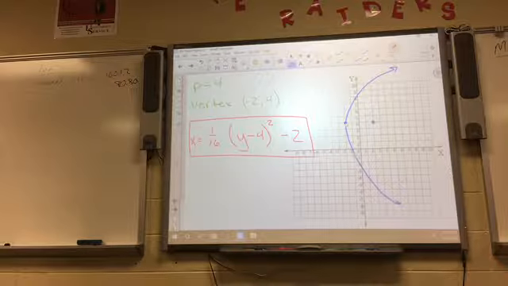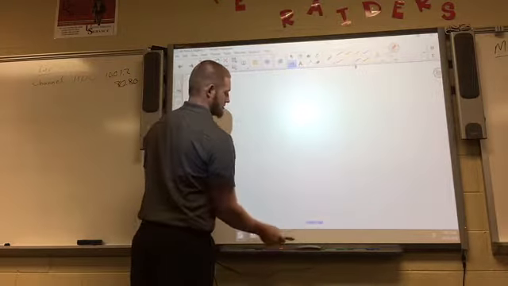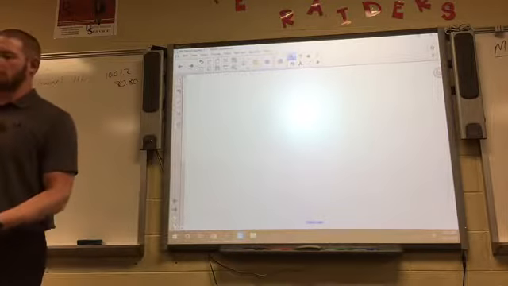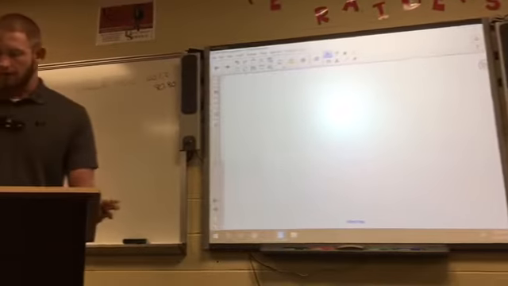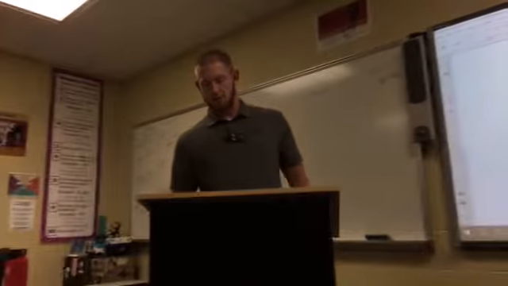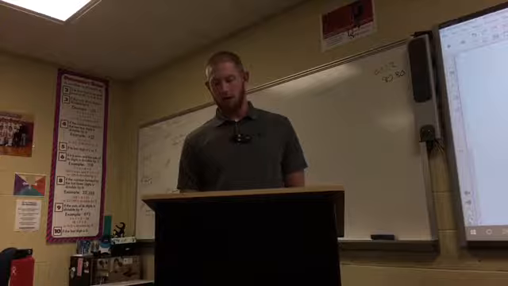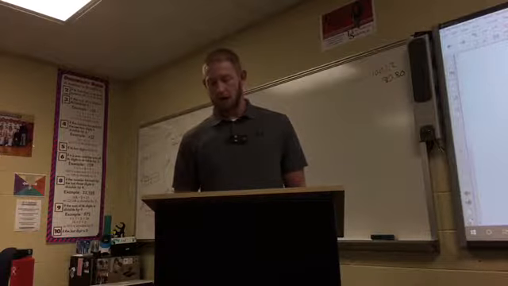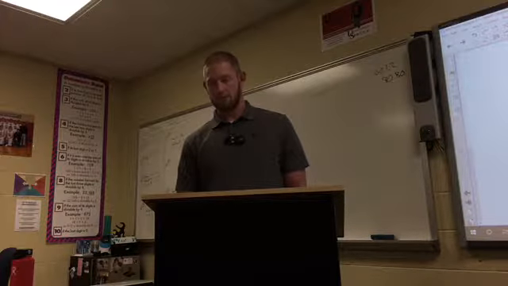All right. So I want to look at one more example. And this example you do not have in your textbook. So as I read through this, I just want you to quickly jot down what you believe to be important information. This example says an archway in front of a school is in the shape of a parabola. So we got a parabola, right? The top of the arch is the vertex at 0, 0.